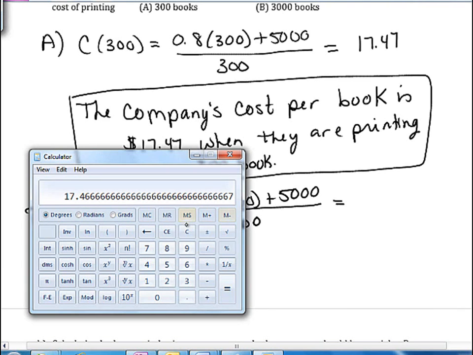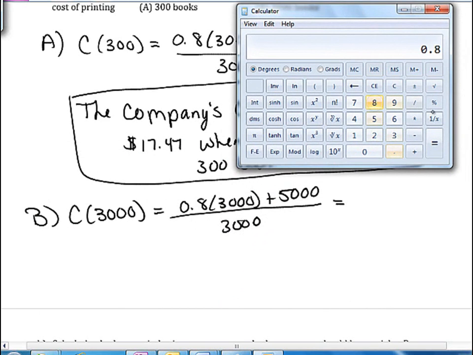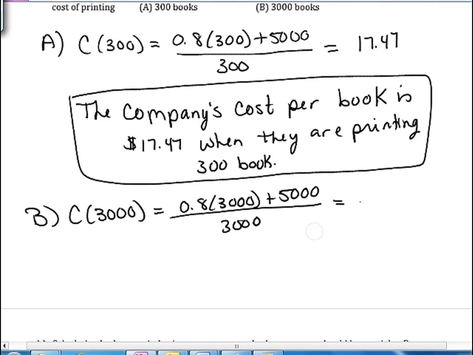So again, we can do that on our calculators. 0.8 times 3,000 gives us 2,400, and then add to that 5,000, and that gives us 7,400, and then divide that by 3,000. So we get 2.4, and then again the 6 repeats, so we want to round that to 2 decimal places, so that would be 2.47.